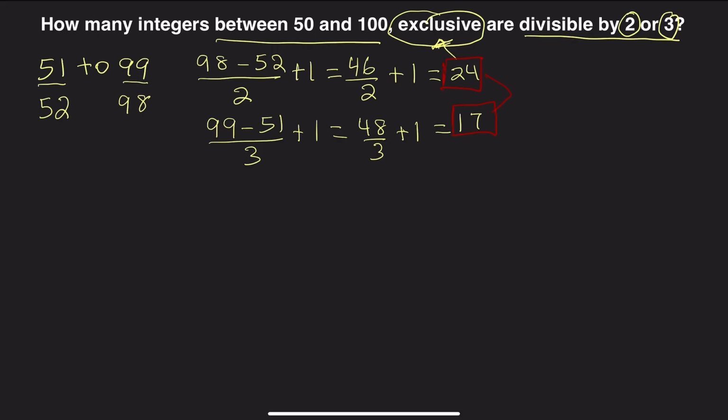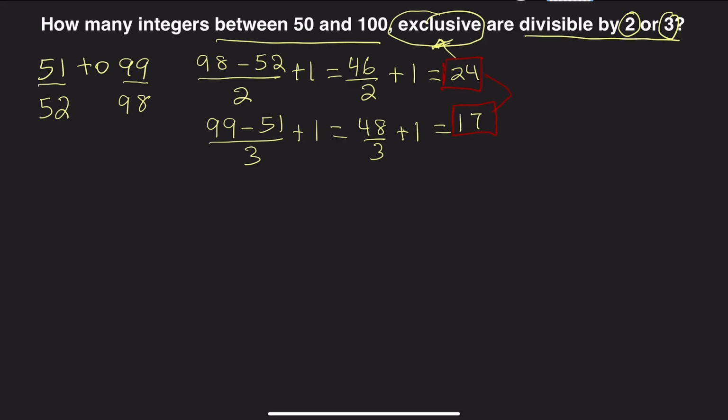Since we have numbers that are divisible by both 2 and 3 in this range, it only makes sense to also divide by 6. So what we have to do here is find numbers in this range that are divisible by 6 from one end of the spectrum to the other.